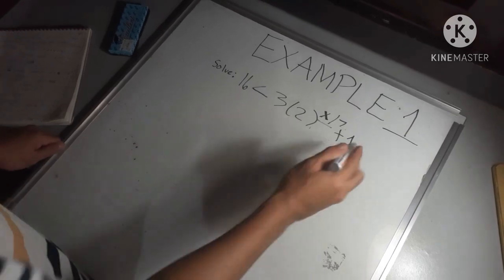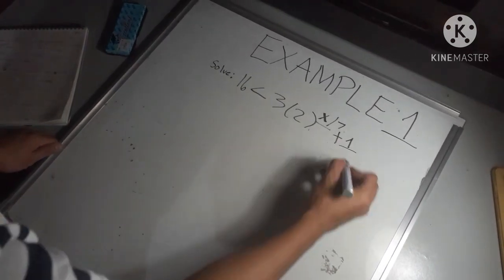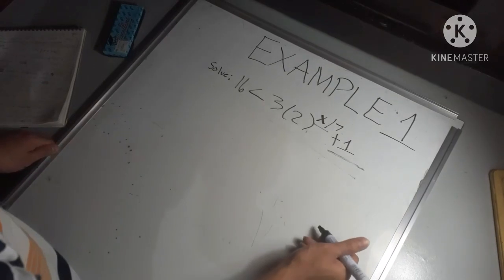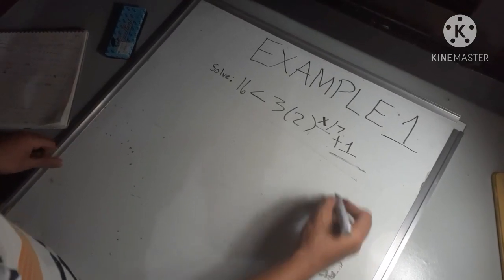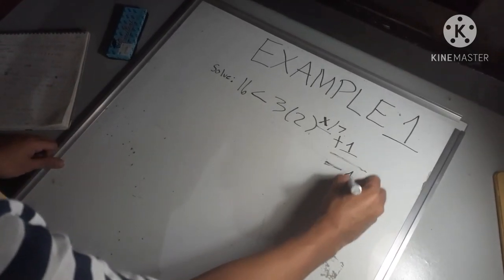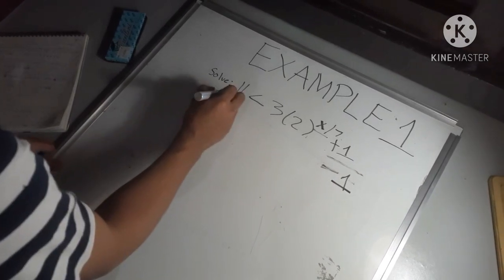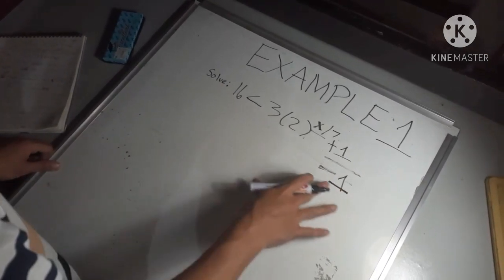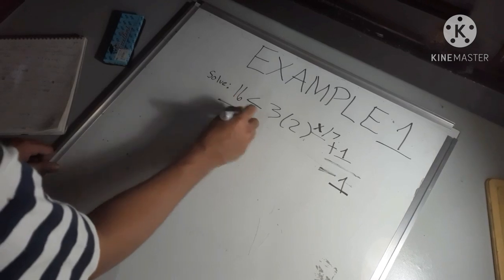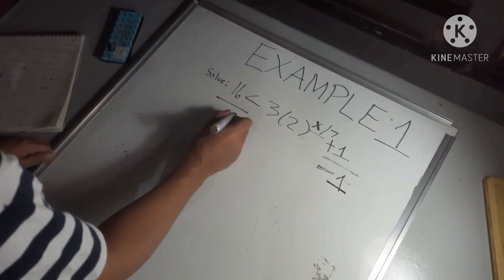So we need to copy the 1 here and change it to negative 1, and put the negative 1 on the other side.